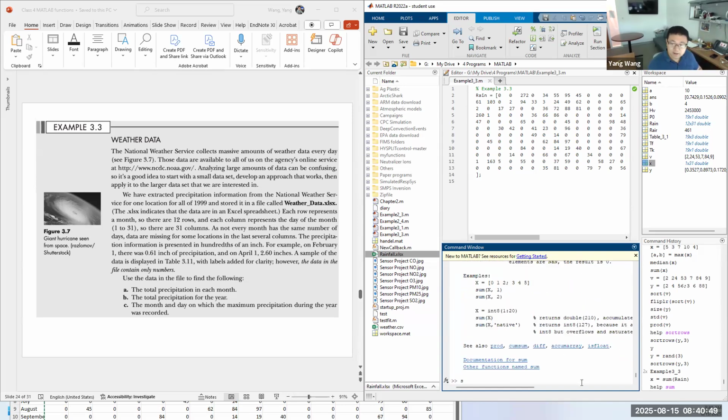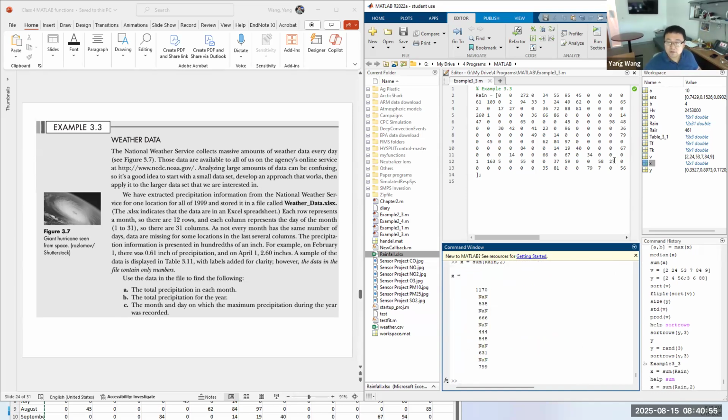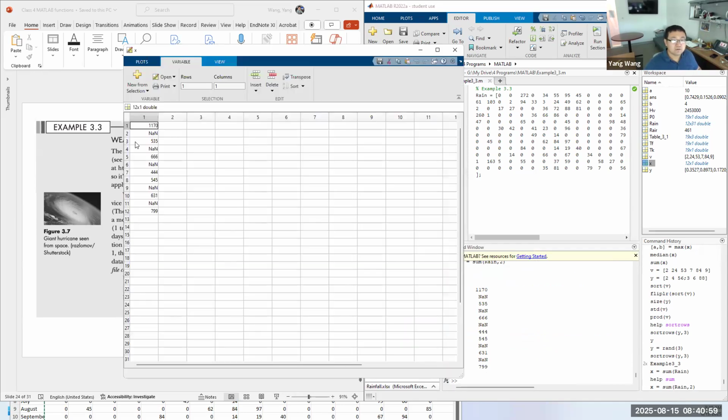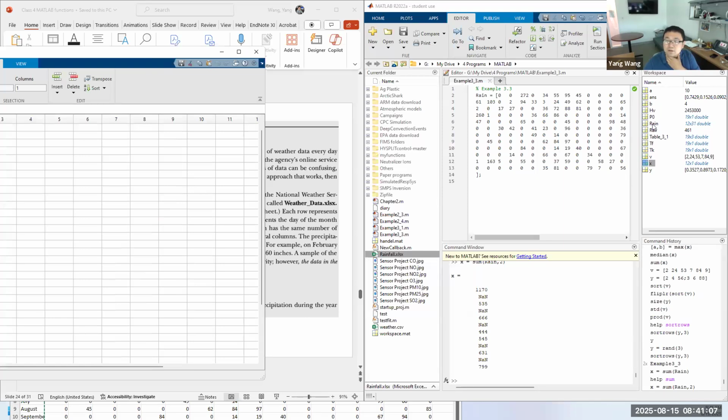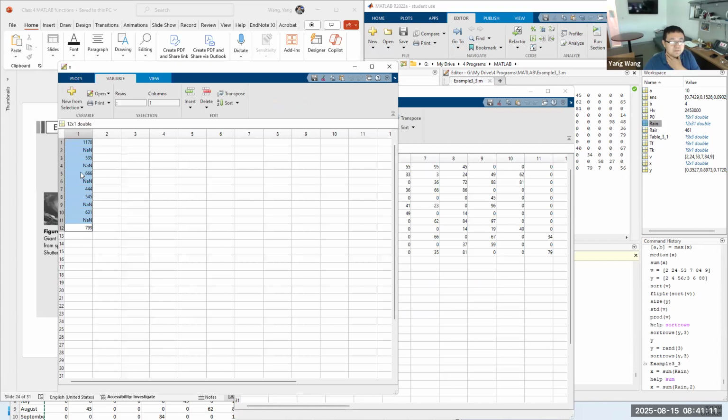So now if you try x equals sum of rain, 2, which is along the horizontal direction, you're going to have the values here, right? But the other thing we can notice is that you see a lot of not a number here.